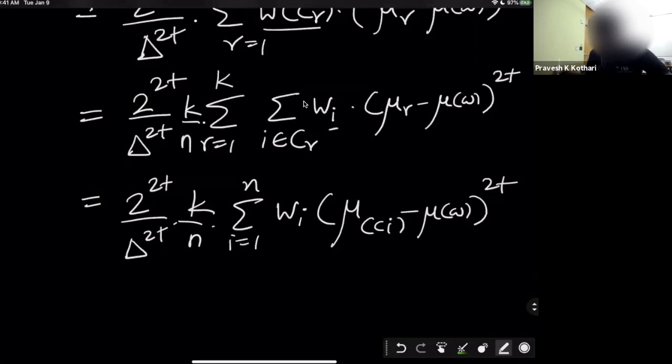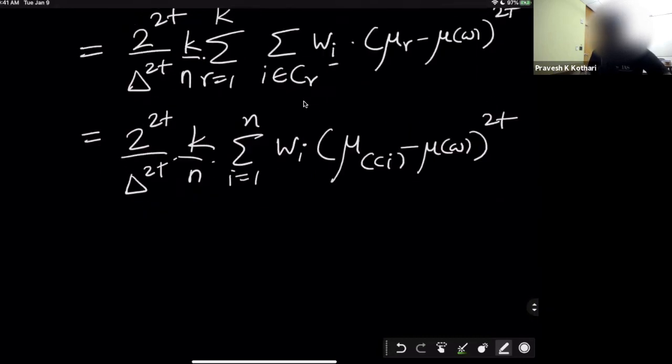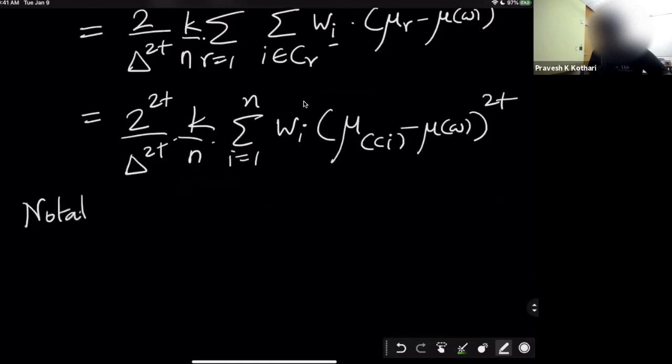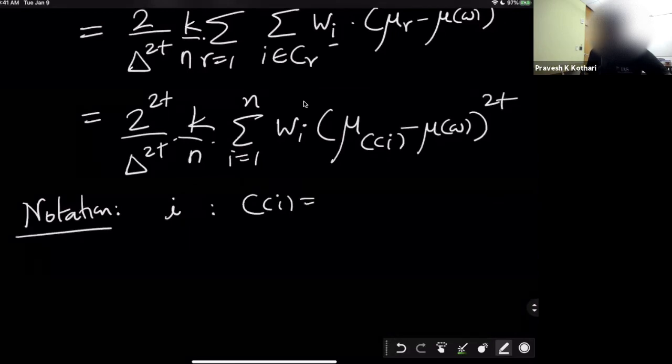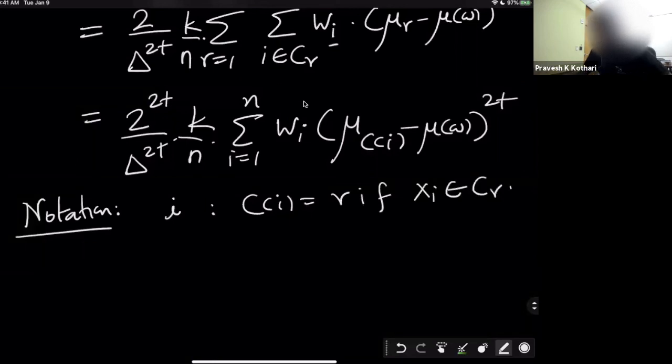Okay, so now let's make the following notation. For every sample i, let C(i) be the cluster that i belongs to. Makes sense?